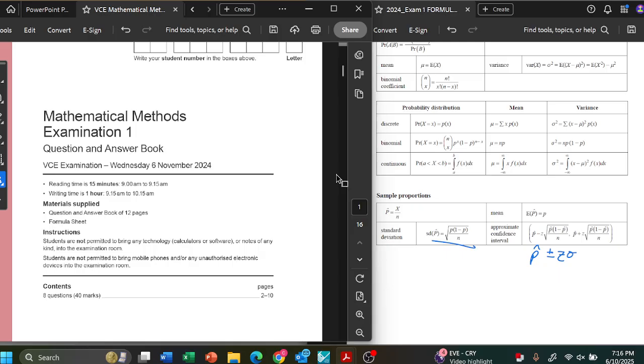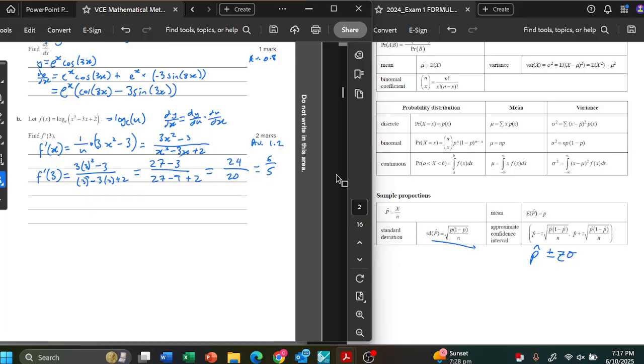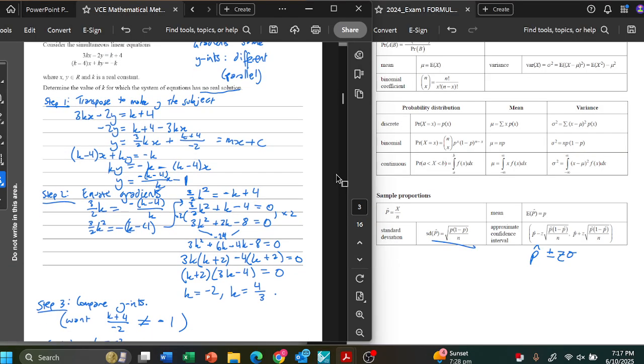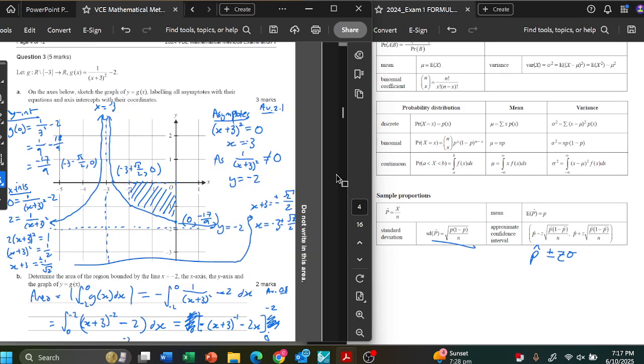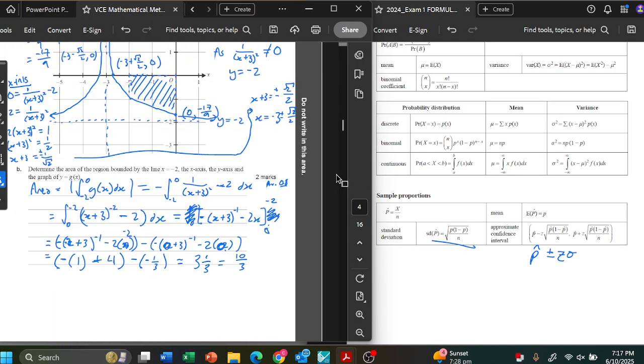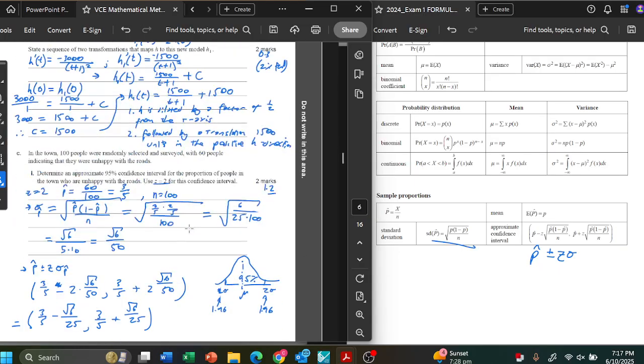We should be focusing on being able to use our formula sheet accurately, and being able to simplify things. So knowing how to do things like rationalizing denominators, simplifying fractions, doing quadratics, so expanding, factorizing, all of those skills are really crucial. Being really careful with double negatives in questions like this one over here. So loads to unpack with that particular exam.